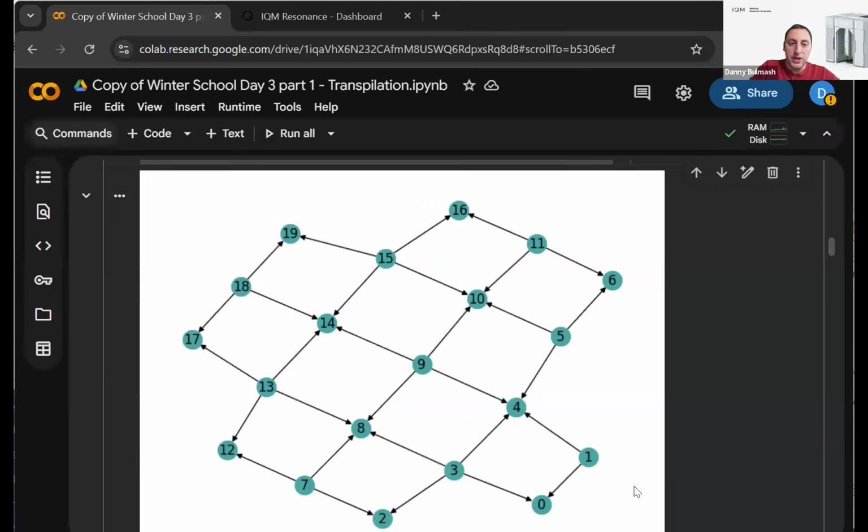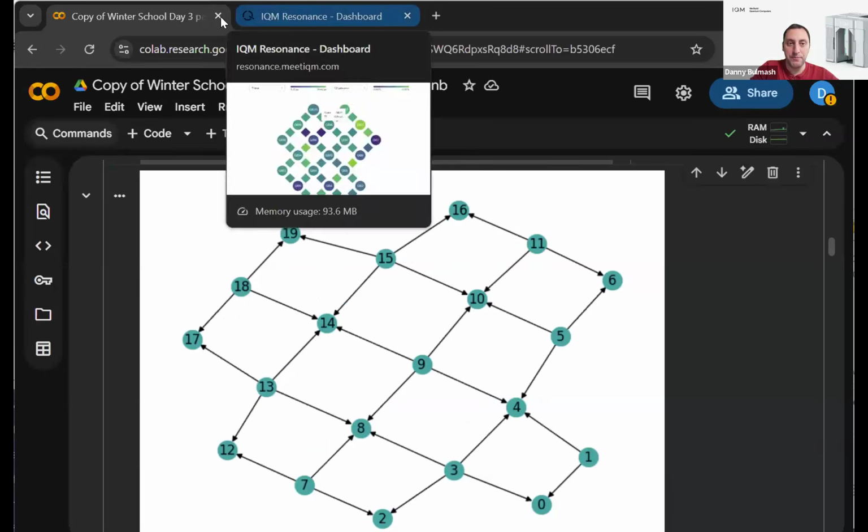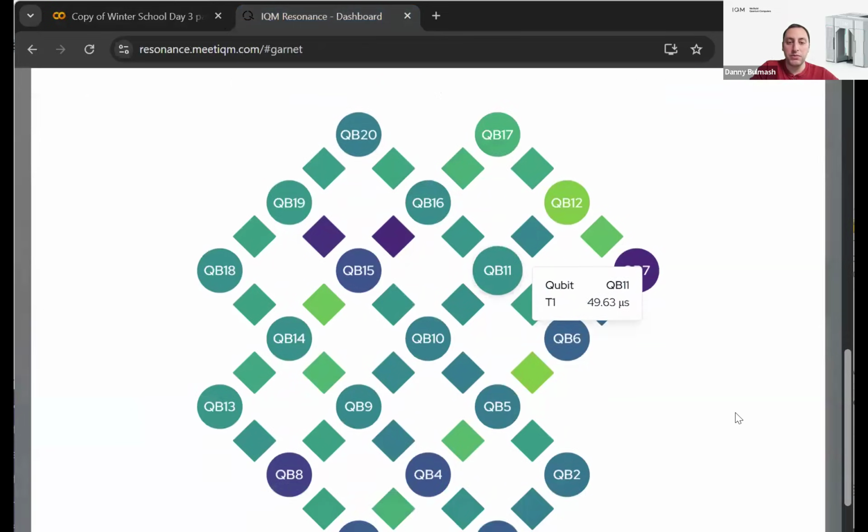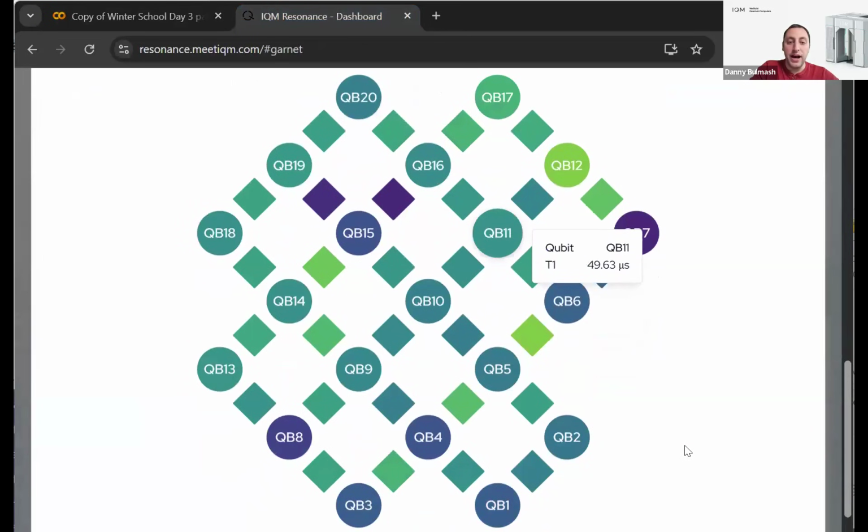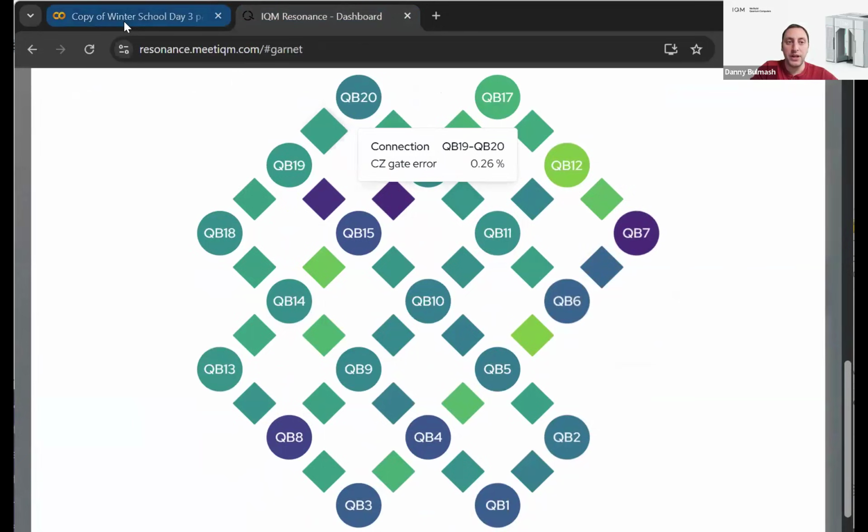Well, let's notice that the qubits start from 0, 1, 2, 3, 4, 5, 6, and so on in this diagram. But if we go over to the Resonance website, the qubits actually start being labeled at 1. We have 1, 2, 3, 4, 5, 6, 7, so on up to 20.